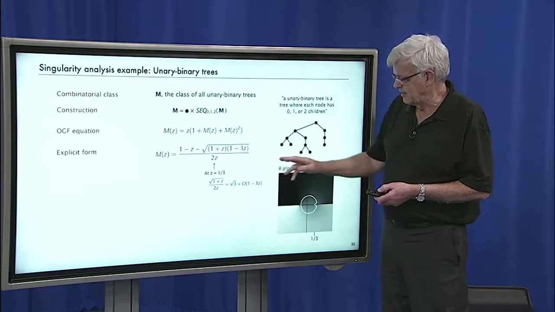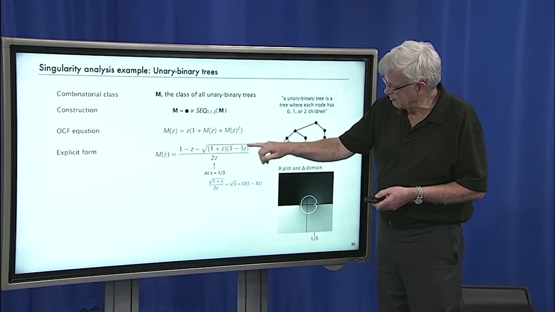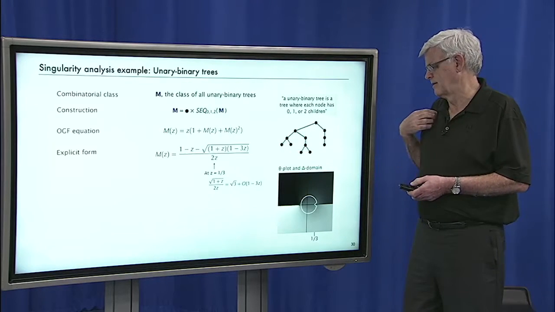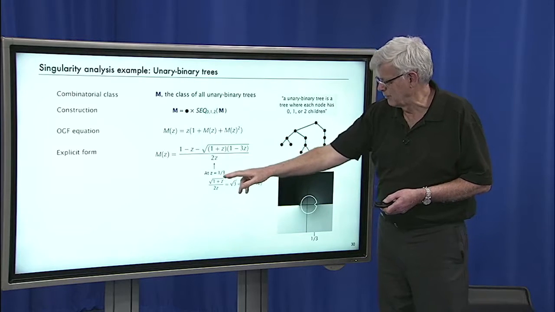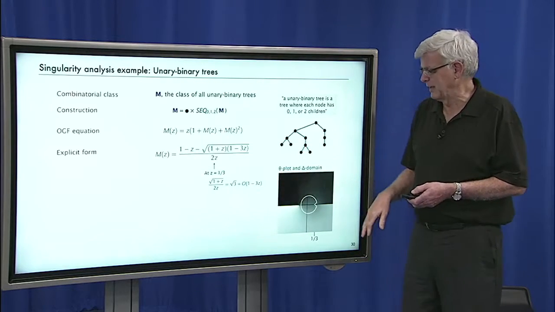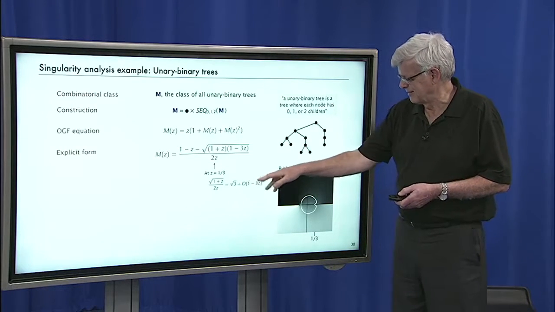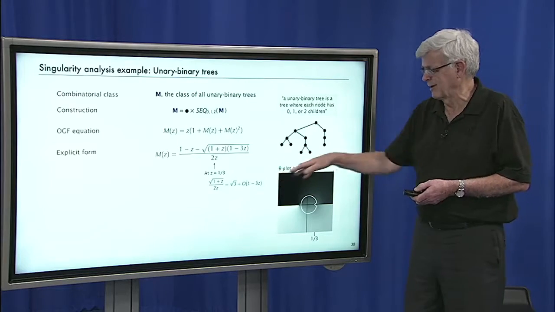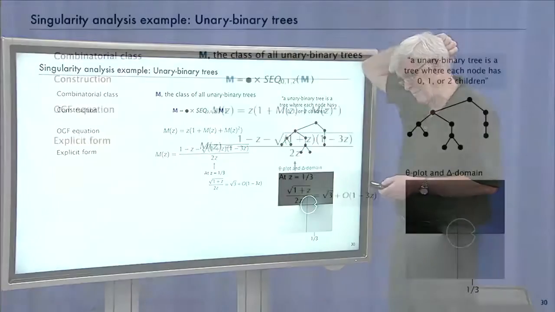At z equals 1/3, the square root of 1 minus 3z part is the dominant singularity. We're going to take the rest of the function, say (1 plus z) over 2z, and that's the one that I use the computer to expand. It's square root of 3 plus big O of 1 minus 3z, or we could add more terms if we want, at z equals 1/3.